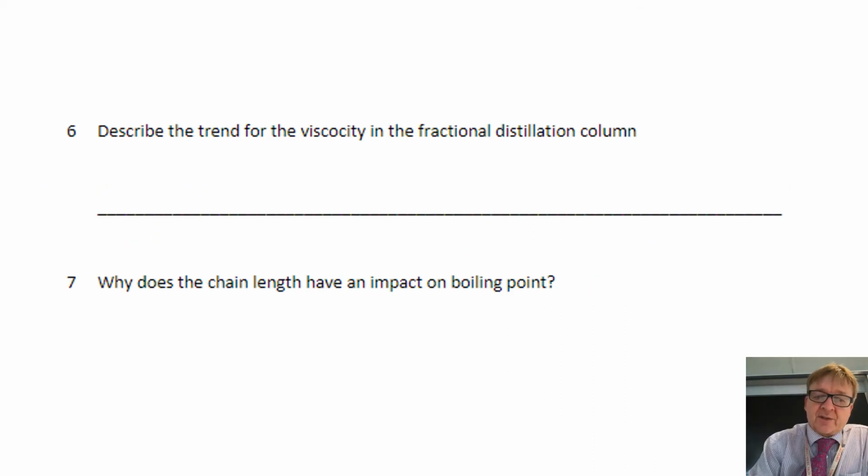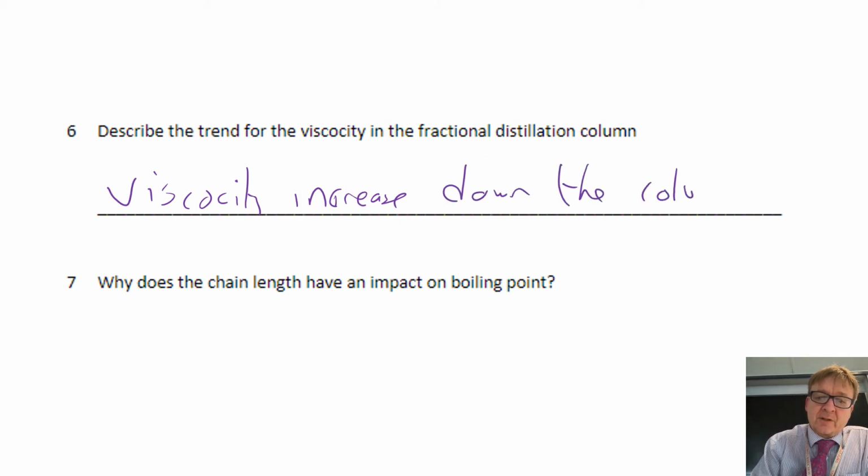Okay, so viscosity is kind of how thick and runny it is. So like treacle is very viscous and water isn't. So viscosity increases down the column. So at the bottom you have like tar and thicker substances, and at the top you have very runny substances and eventually becoming gases.